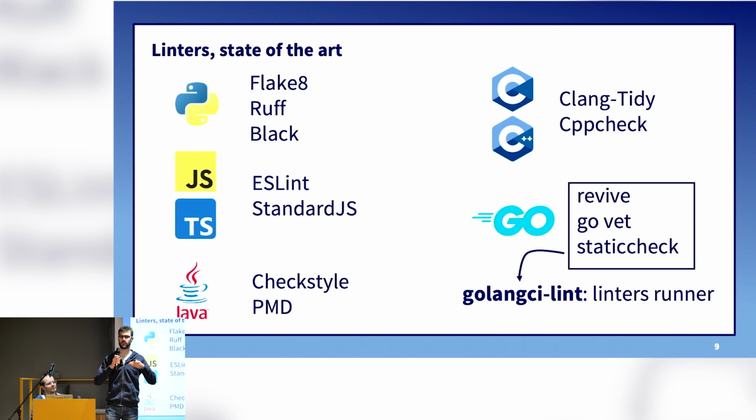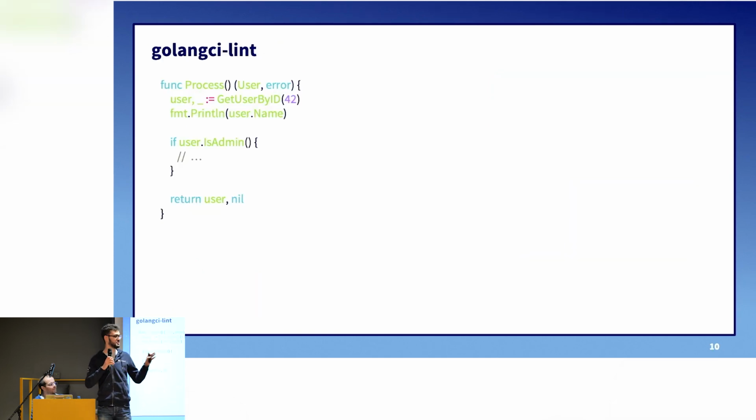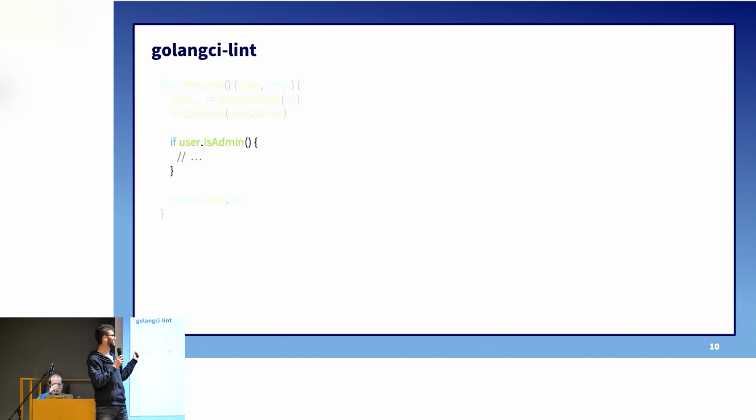So let's show a small example of what you can do and what the linter can do for you. Let's say you have this small sample of code. Here you have code to process something. It's not so hard to understand. First, you are trying to fetch some data from a database, here a user, and then you're doing some checks on this return value, and then you return it, and that's all.